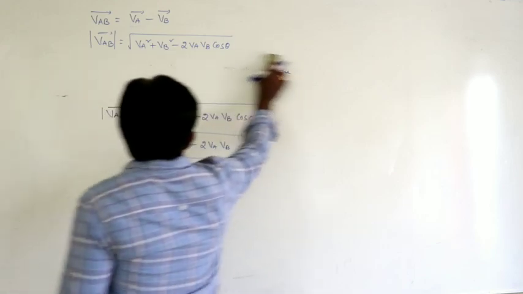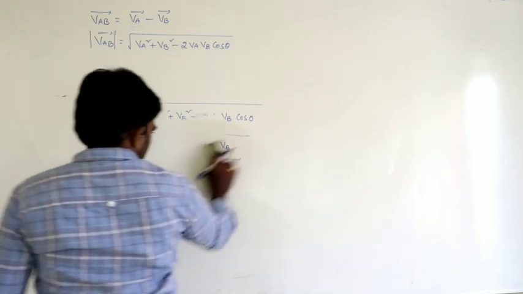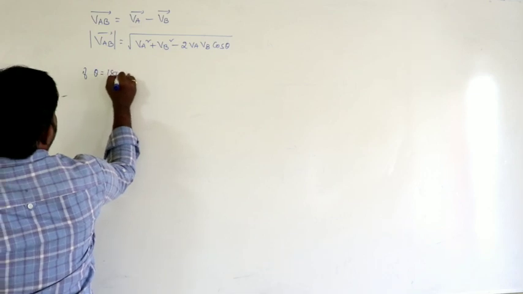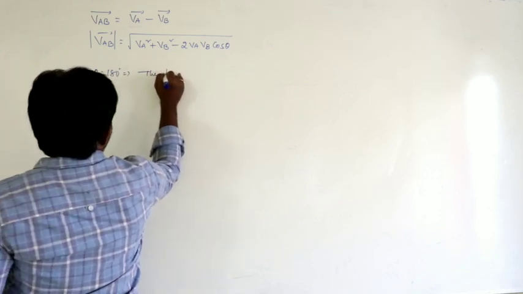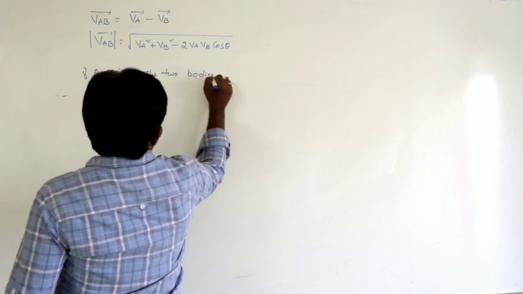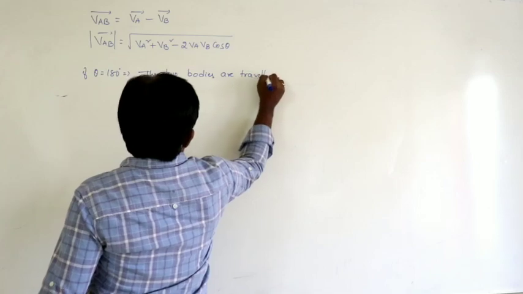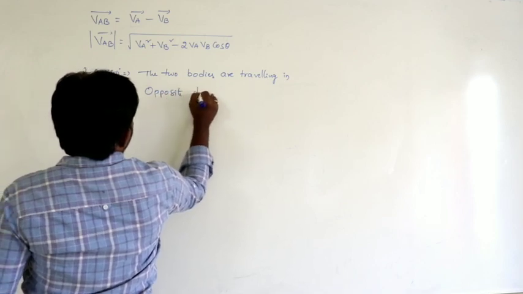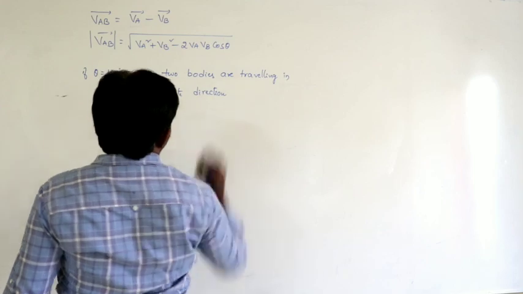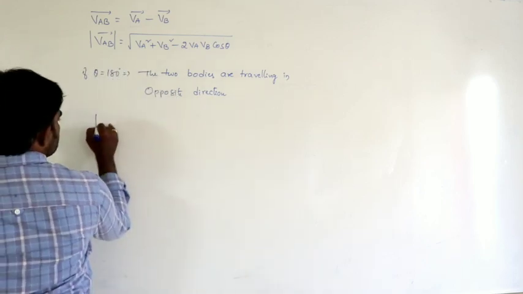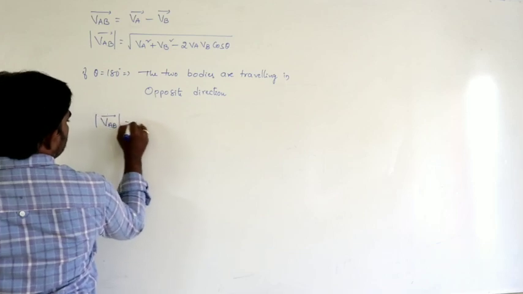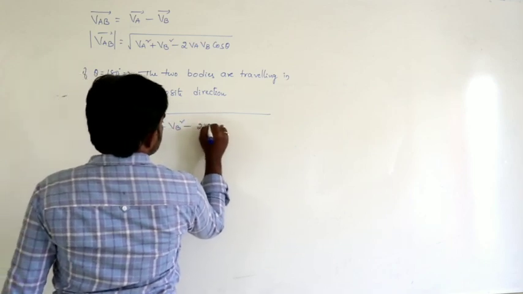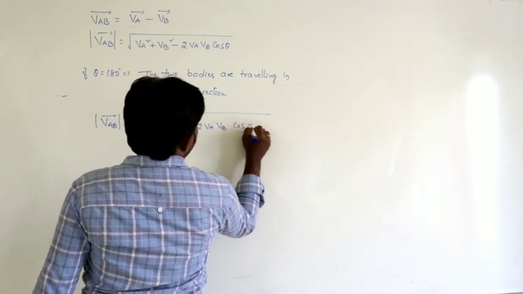Next, the same situation. Here if theta is equal to 180 degrees, that means the two bodies are traveling in opposite directions. So we can write VAB bar is equal to under root VA square plus VB square minus 2VA VB cos 180 degrees.